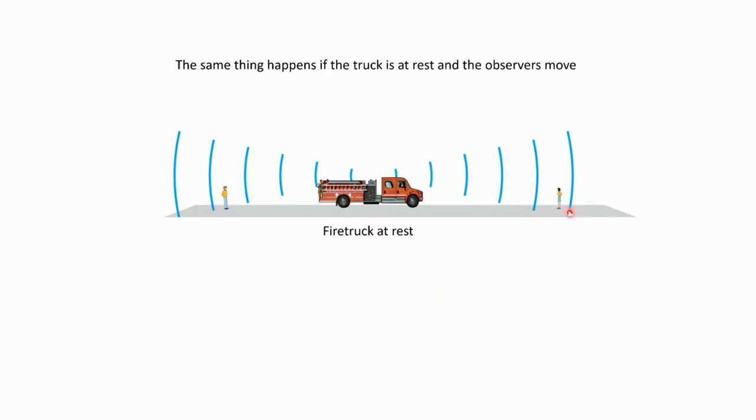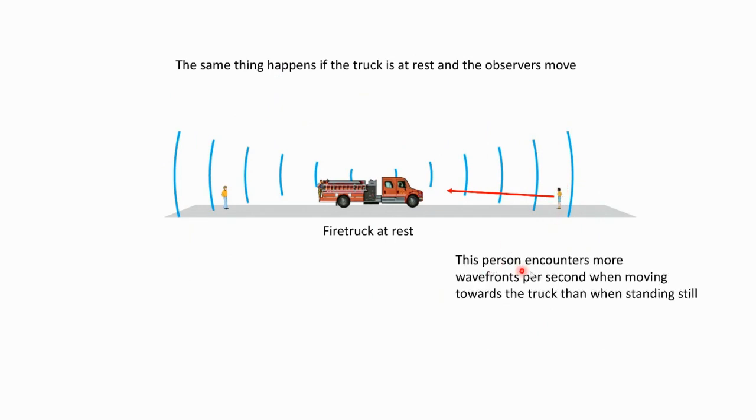The same thing happens if the truck is at rest and the person moves. It's hard to draw that picture, but you can imagine if this person runs towards the truck, she will encounter more of these blue lines, indicating the maximum compression, per unit time than if she were just standing still. She would measure a higher frequency. The person encounters more wavefronts per second when moving towards a truck than when standing still.